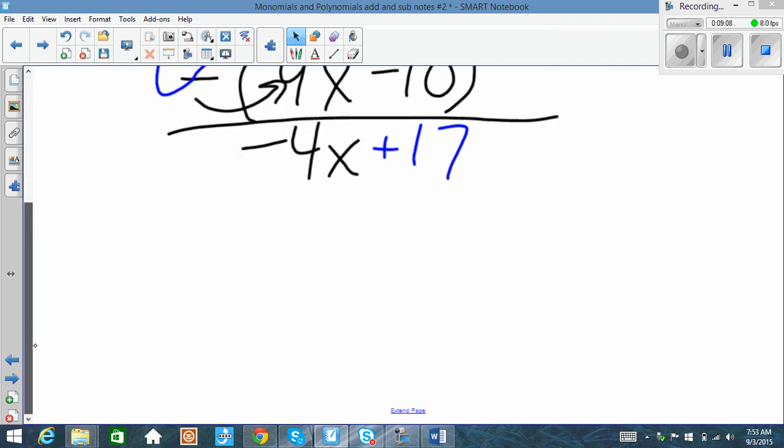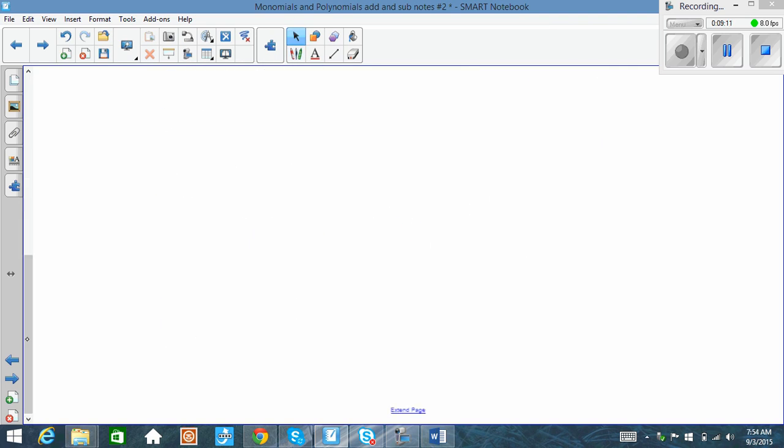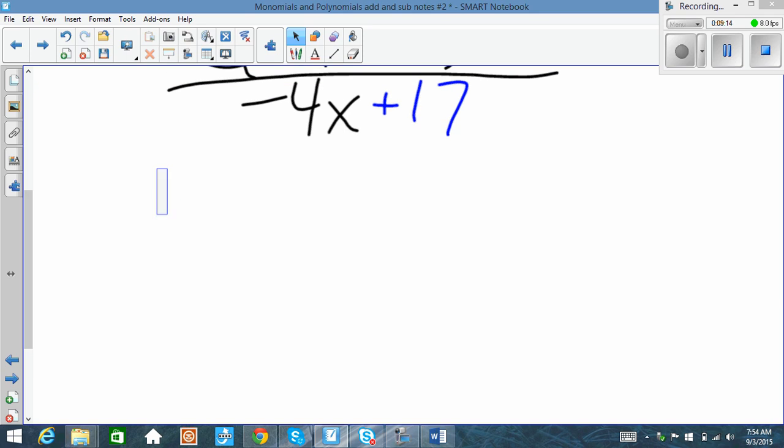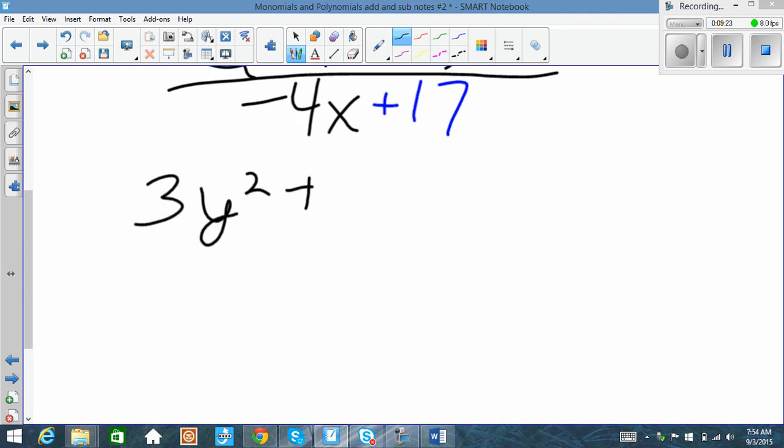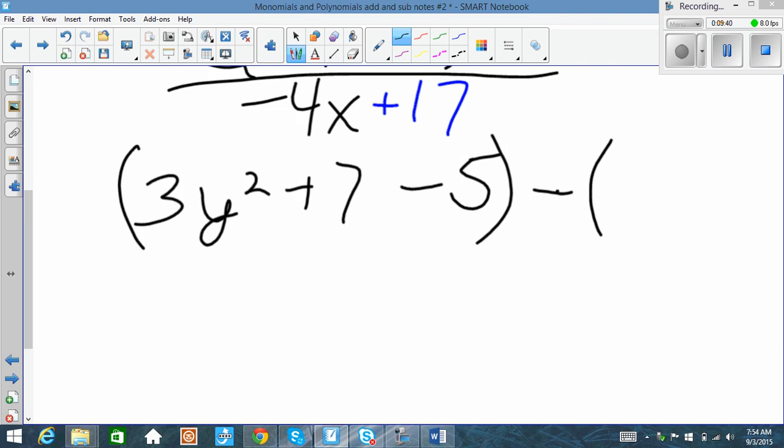What if they don't have all like terms and you do the stack method? Well, let's say, back to one of those problems here, we would have maybe 3y squared plus 7, and maybe I say minus 5. And then maybe the other one, put that in a bracket, minus, we'll change that to an x, and we'll say minus 10x plus 6.